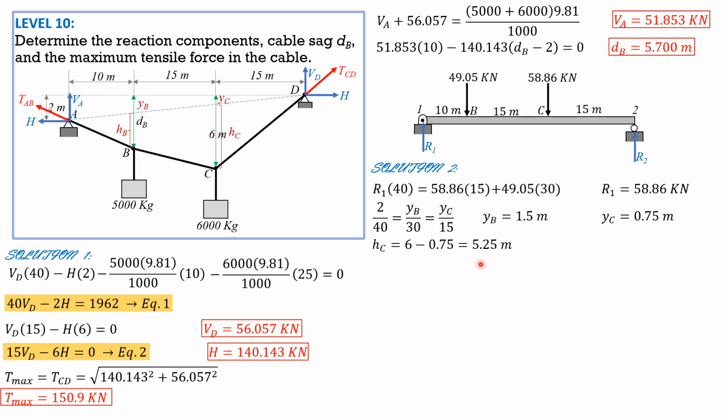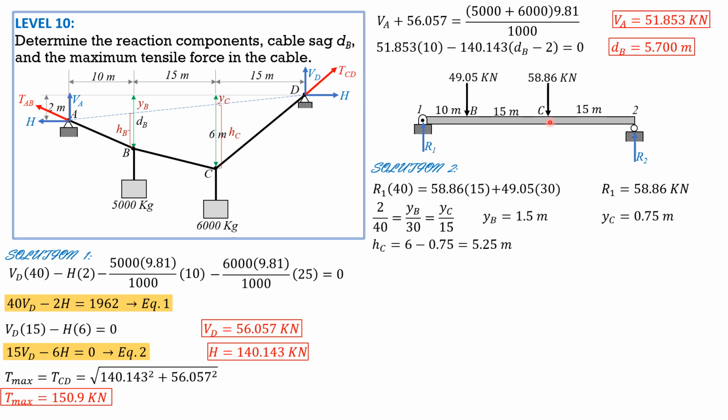Applying the general cable theorem, the product of the horizontal component of tension and the vertical distance of point C to the imaginary chord, H sub C, is equal to the moment at C on the beam. And the moment at C is either R1 times 25 minus 49.05 times 15 or R2 times 15, the simpler way. But I'll just consider forces to the left of the section.